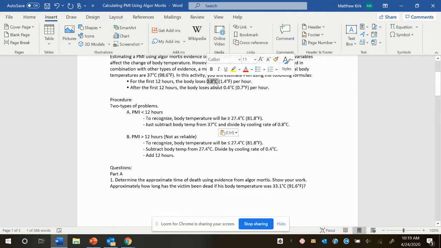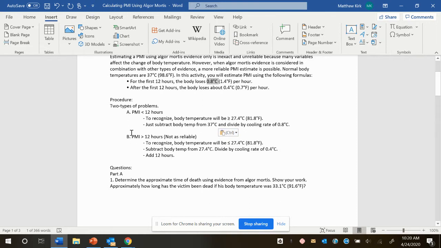When I subtract that from the average temperature at death, I get that 27.4. So the estimate is it's going to take about 12 hours to get to that temperature. So what we do is we subtract our measured body temperature from 37, we divide by that cooling rate, and that's going to give us our PMI.